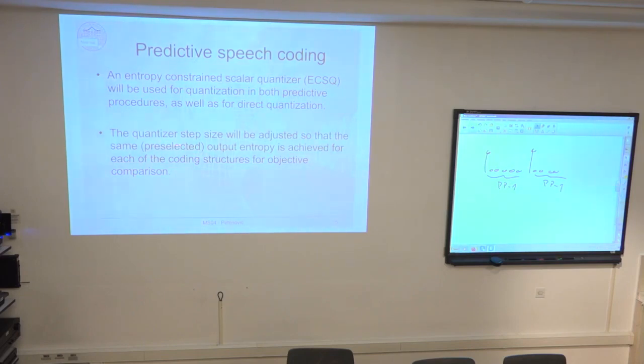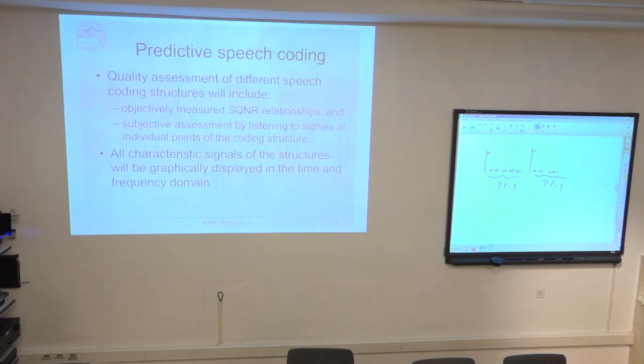The quantizer step size will be adjusted such that the output entropy for each of the coding structures is identical for the objective comparison. So we will adjust the step size to achieve the same output entropy.